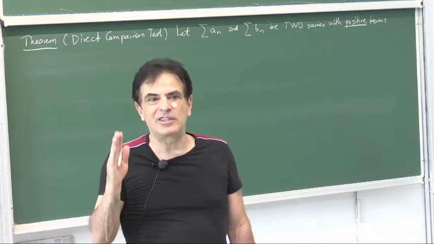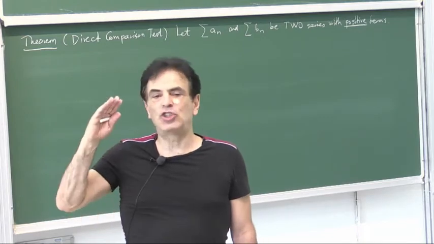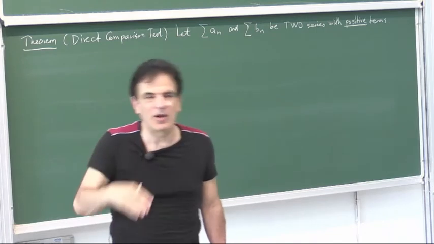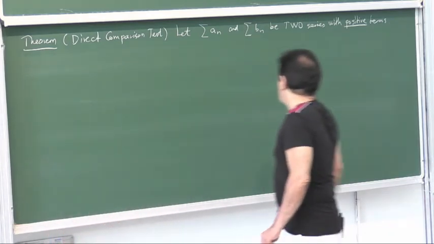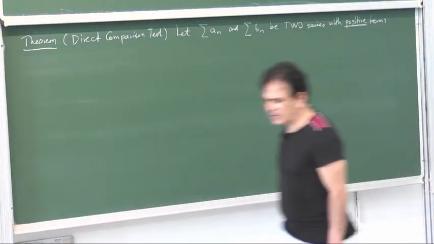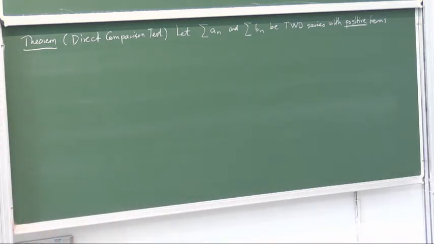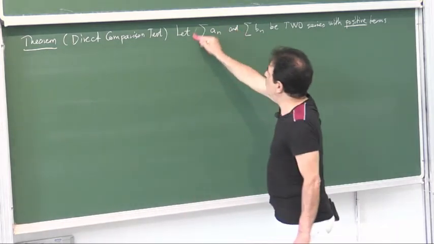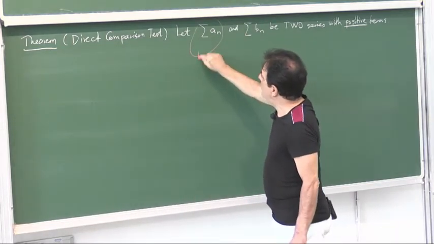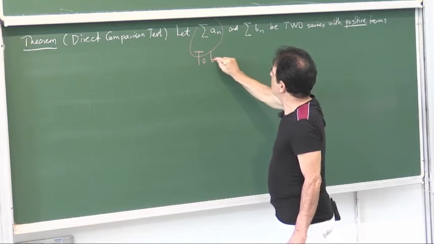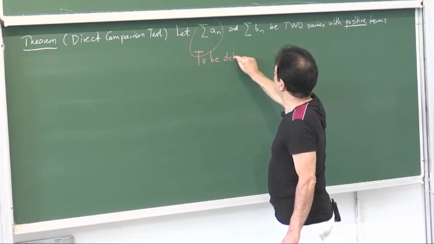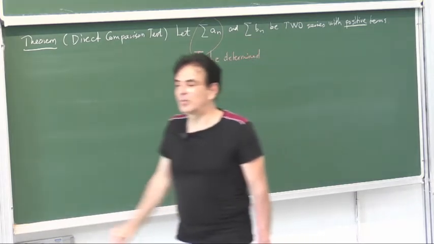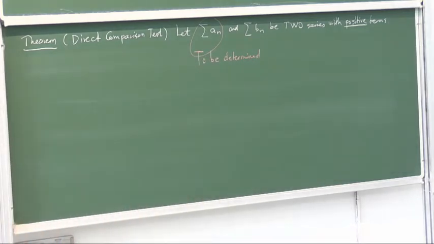And if the series is divergent, it should diverge to plus infinity. This is the general property of positive series. Now, let us make a convention between us. Usually, this is the series whose convergence behavior is to be determined.